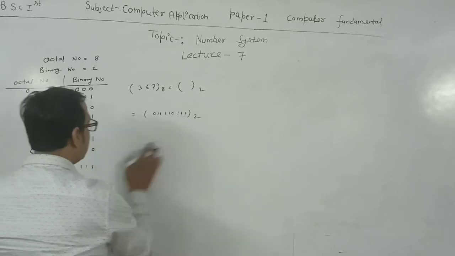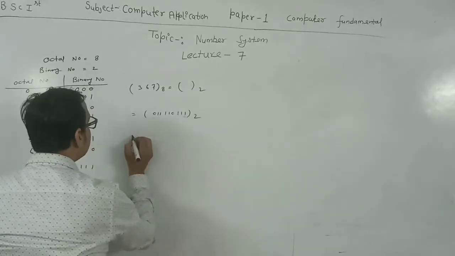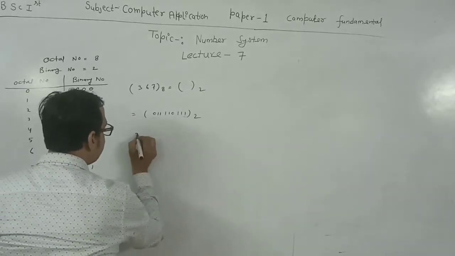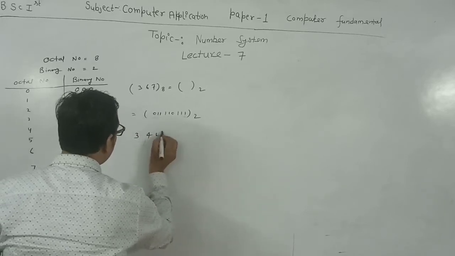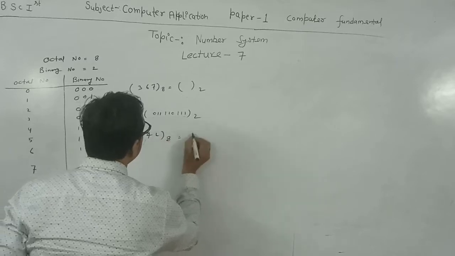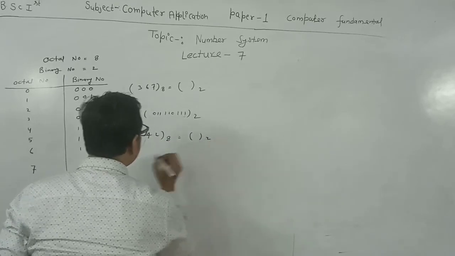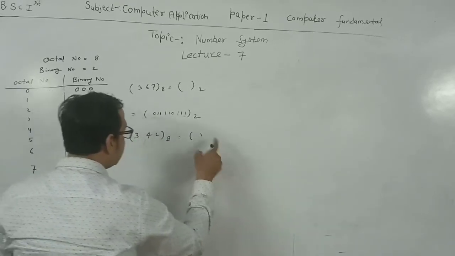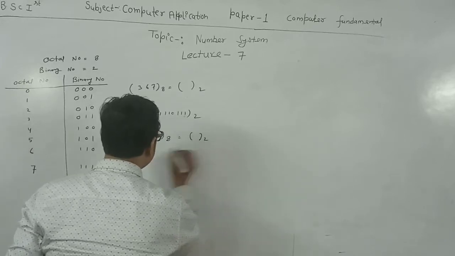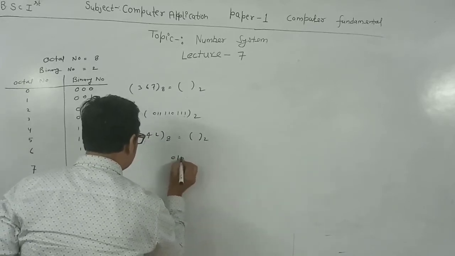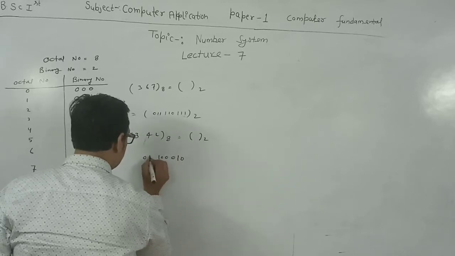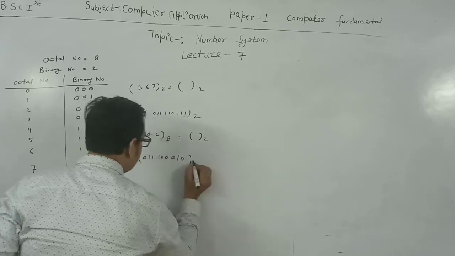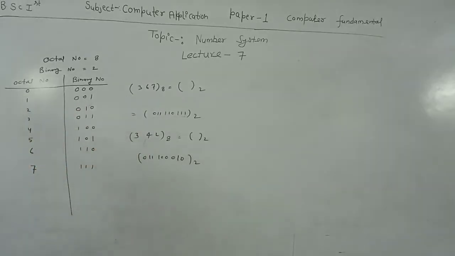Let's take two or three more questions. Here is 342 in base 8, and we have to convert it to binary. So write the equivalent values: 3 is 011, 4 is 100, 2 is 010. So you have directly converted the number from octal to binary.